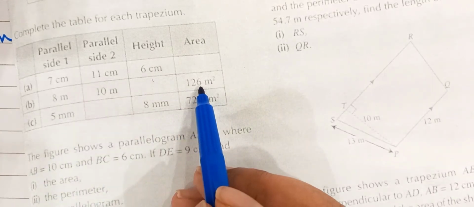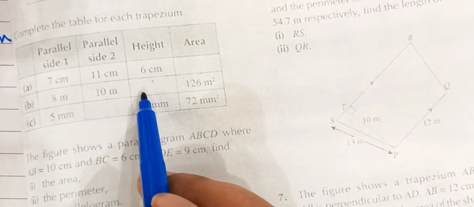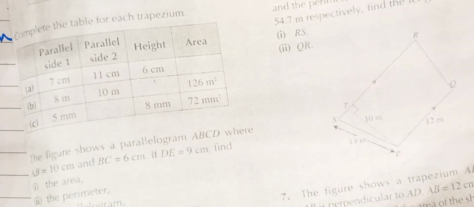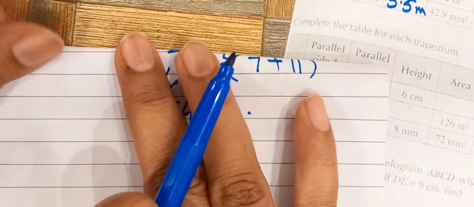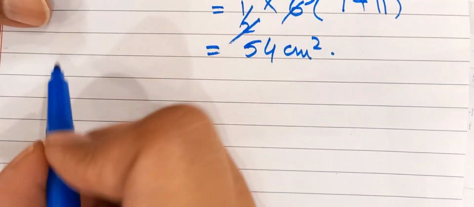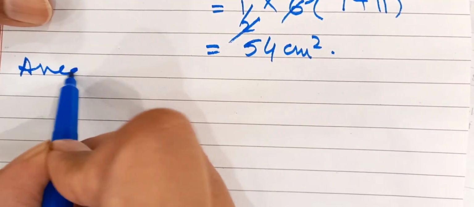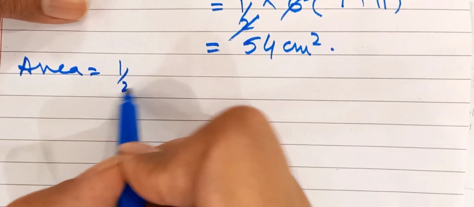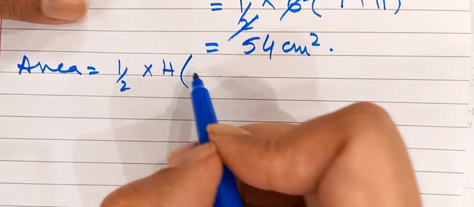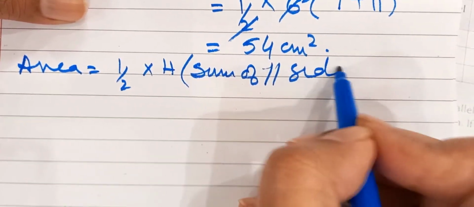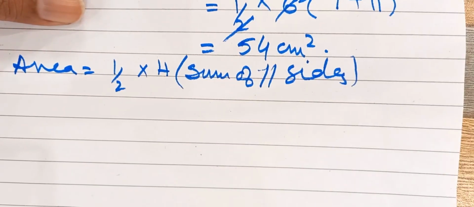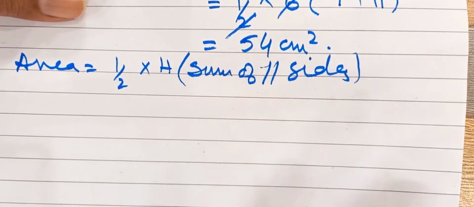Now part 2. They have given the area and the parallel sides, and the height is not given. I do have the formula for the area of a trapezium, so I will just jot it down. Area of trapezium is equal to 1 by 2 into height into sum of parallel sides. Now I'll put in the required information.